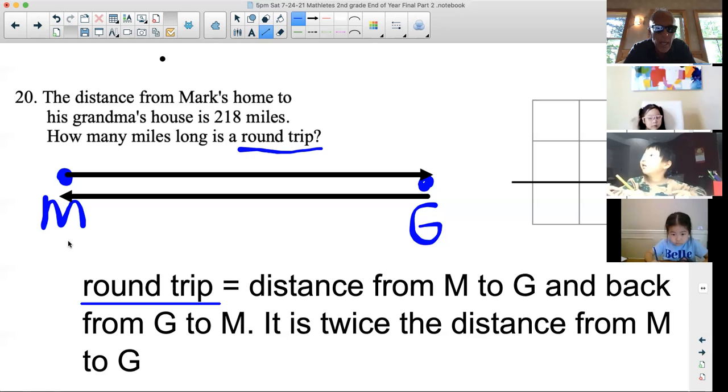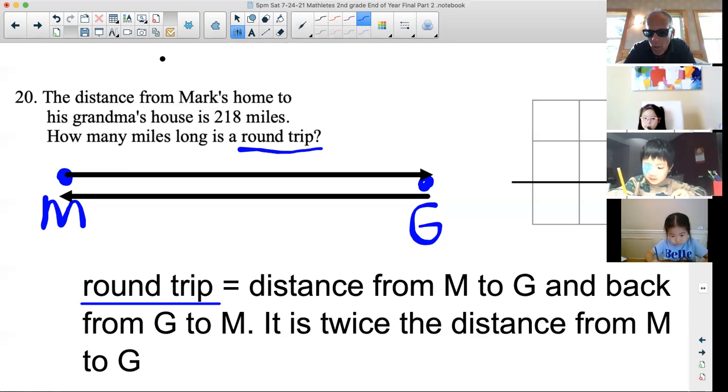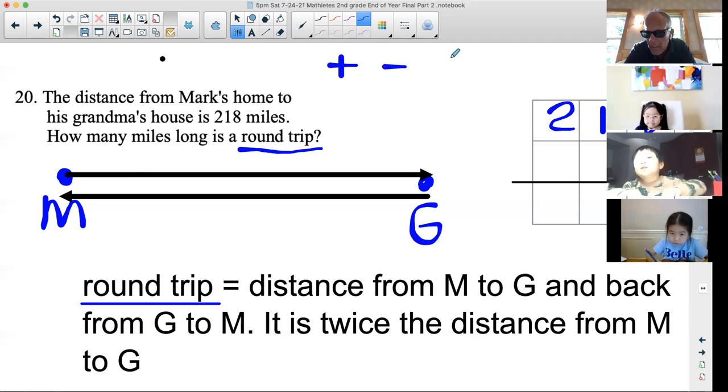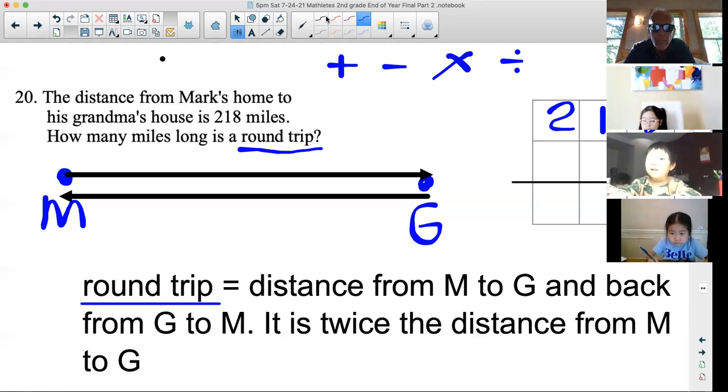So who can tell me, if Mark to Grandma is 218 miles, you have 218. What do we have to do? Do we have to add, subtract, multiply, or divide? Add.